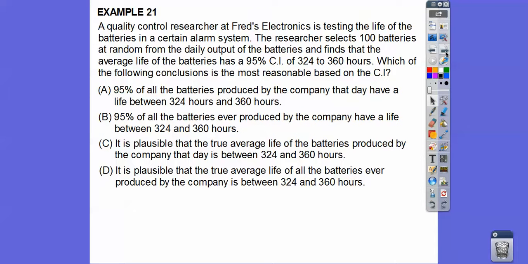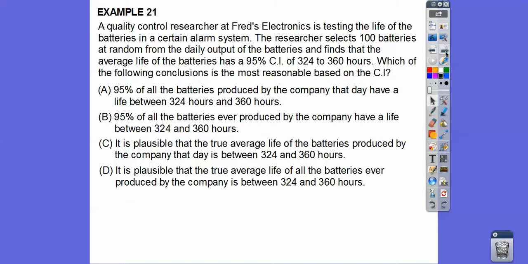A quality control researcher at Fred's Electronics is testing the life of the batteries in a certain alarm system. The researcher selects 100 batteries at random from the daily output of the batteries, so that's our random sample, and finds that the average battery life has a 95% confidence interval of 324 to 360 hours.